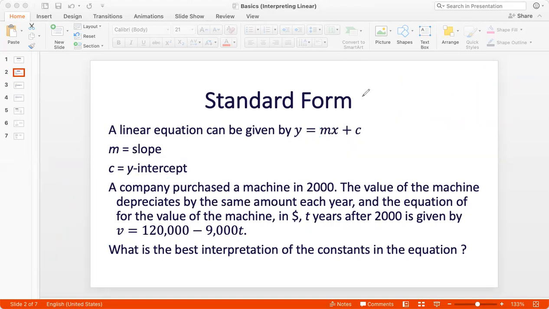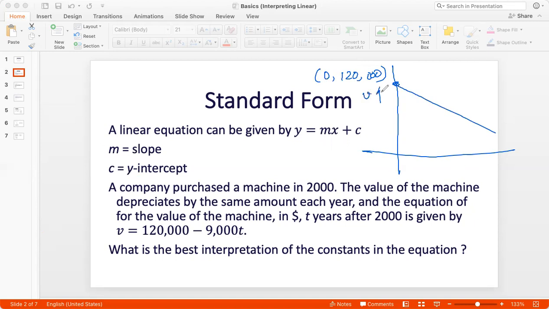So if I were to quickly try and draw this, then I know that my y-intercept is 120,000. So this point is 120,000. And I have a line that goes like this with a slope of negative 9,000, right? Here I have the value of the machine, and here I have time, where 0 indicates when t is 0, it indicates that year 2000 is represented.